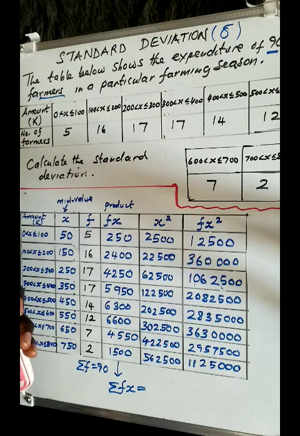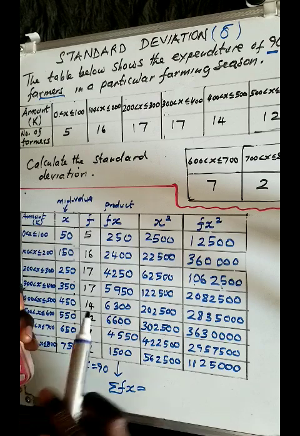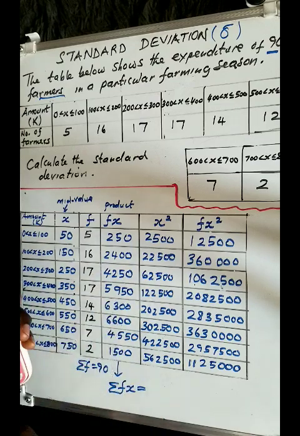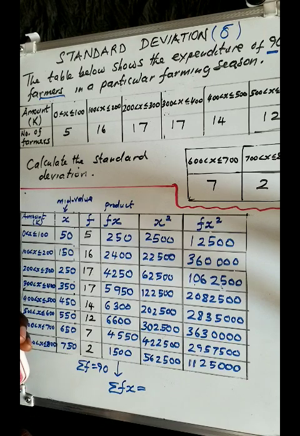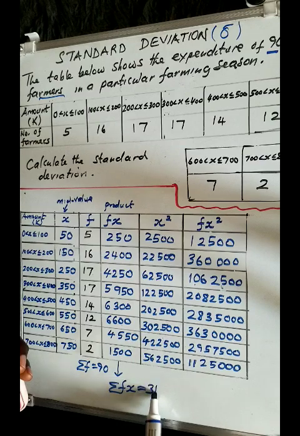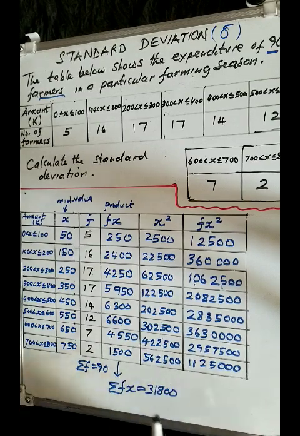So that is 250 plus 2,400 plus 4,550, which is there, plus 5,950 plus 6,300, then plus 6,600 plus 4,550 plus 1,500. All right, so we are getting 31,800. So this is what I get.